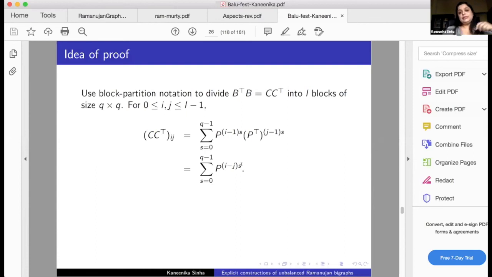And it turns out that if you take any i and j lying between 0 and L minus 1, remember here L was less than or equal to Q, so L minus 1 is strictly less than Q.